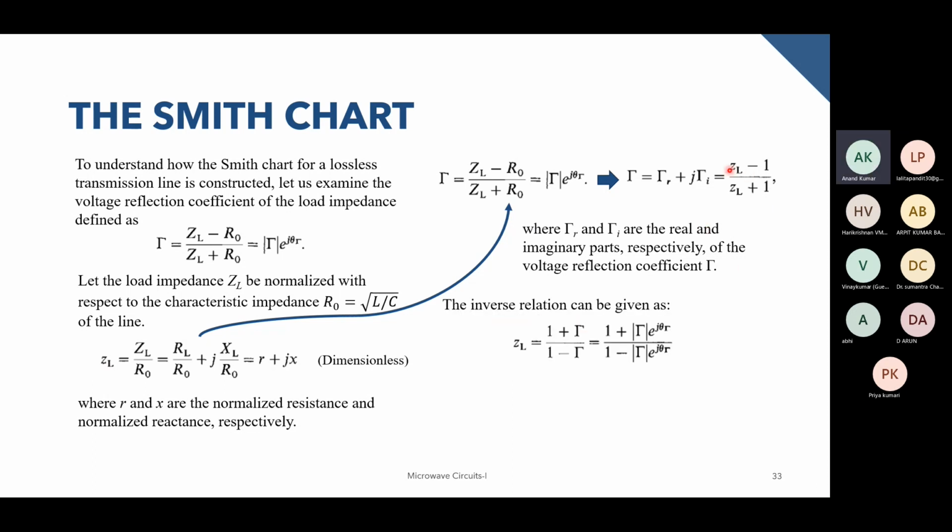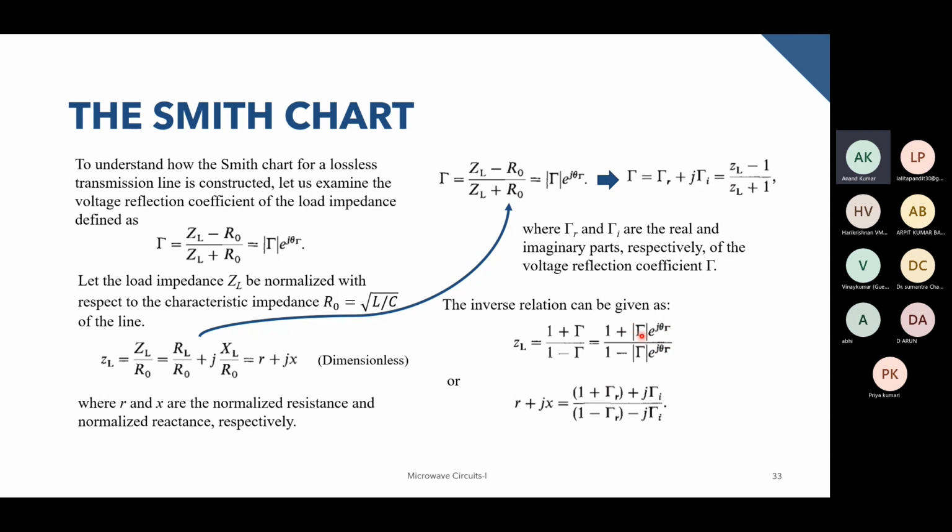Now we can also write the inverse relationship, where we express the normalized load impedance in terms of the reflection coefficient, and then replace this term by the magnitude and phase of the reflection coefficient. So we can rewrite it like this, or in this form, where the real and imaginary parts of the normalized load impedance are represented in terms of the real and imaginary parts of the reflection coefficient.